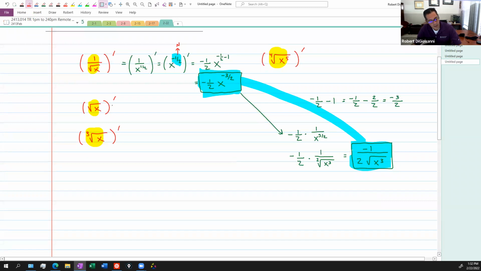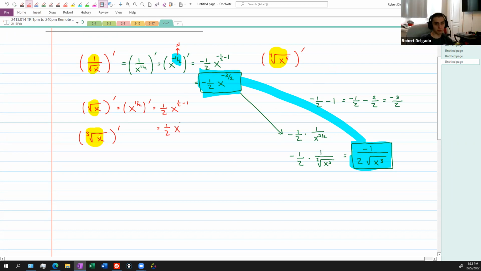The next one is the square root of x. So I can rewrite that as just x to the positive half, right? And then take its derivative. So the half comes out. X to the, you have to take a half and subtract 1. And when you do that, what do you get? What's 1/2 take away 1? Negative 1/2. Negative 1/2. Now on this one, I'm going to do the same thing we just did.